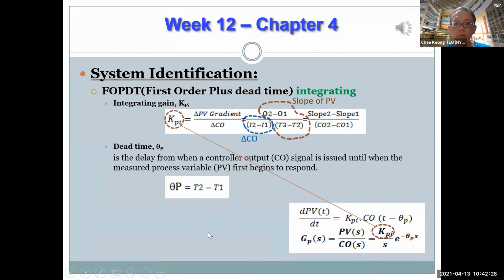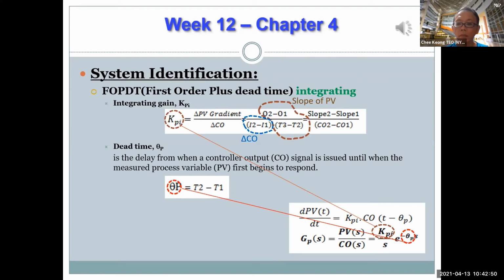First parameter, the integrating gain KPI, is the gradient of the slope in PV divided by the change in input, delta CO. Second parameter, dead time, is the same as before: the idle time from the CO trigger to the PV response. For this case it is T2 minus T1.